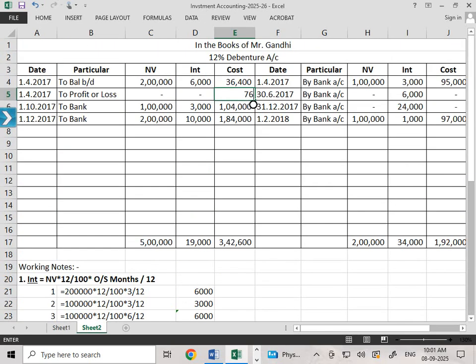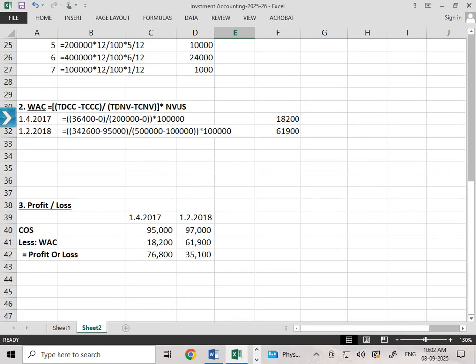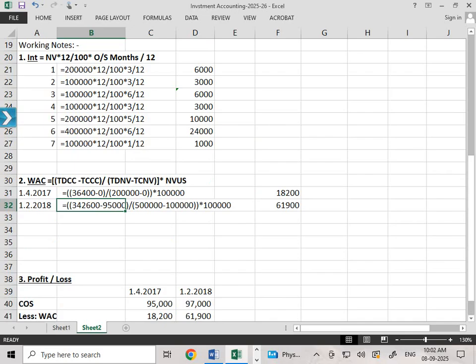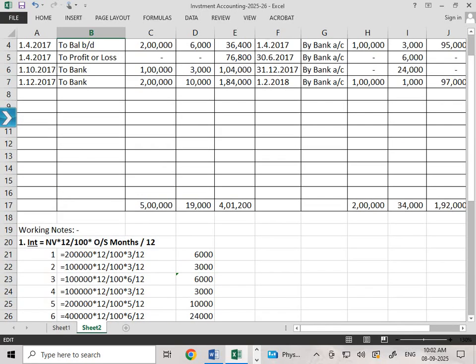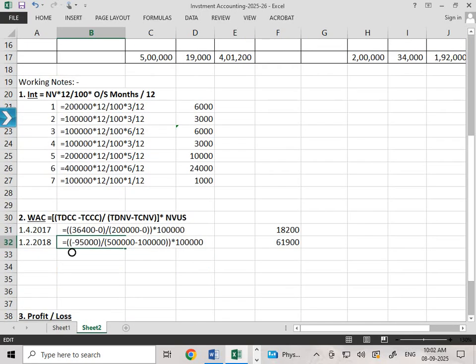76,800. So total 4,01,200, total debit side of cost column. How much? 4,01,200.